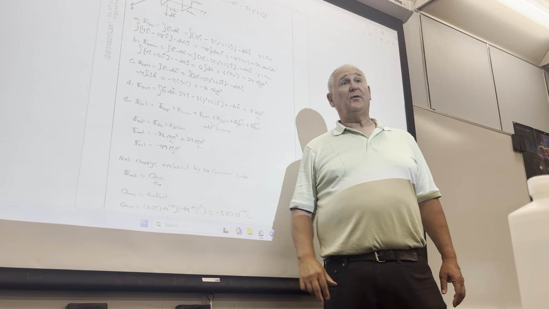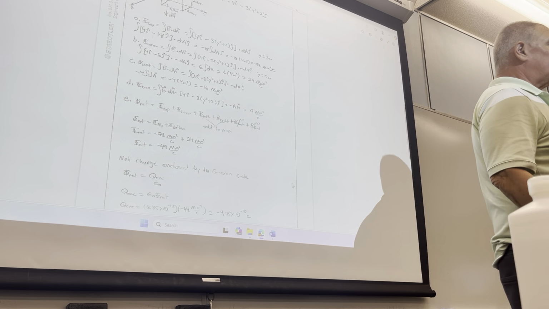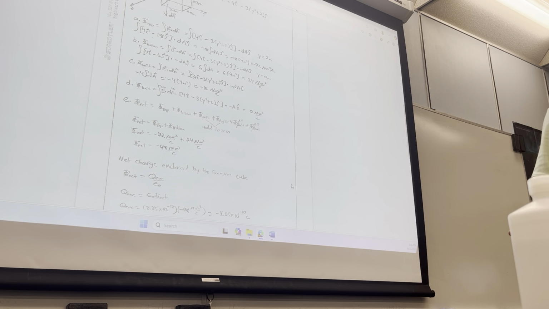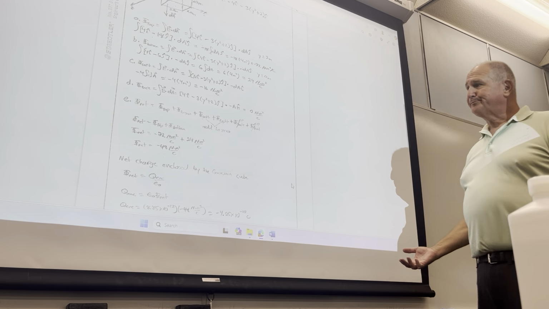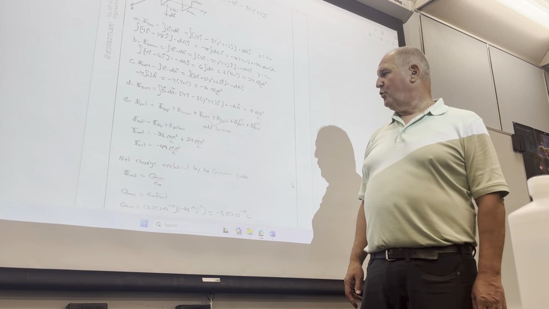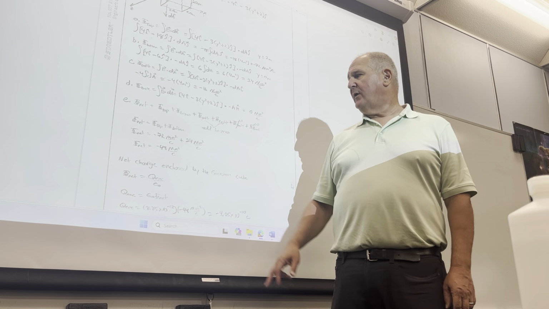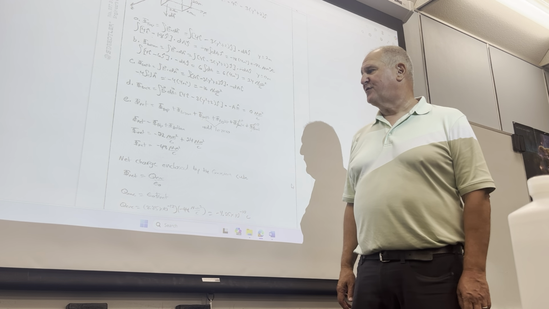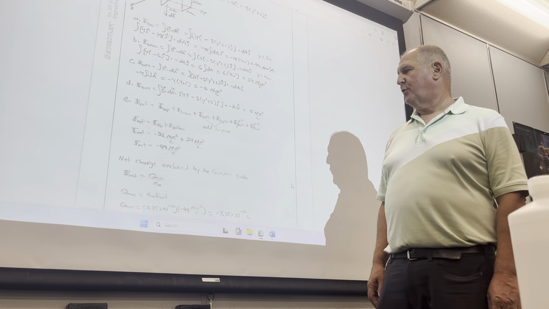So it's really only the top and bottom surfaces that actually have a relevant flux. And so we take our minus 72 Newton meters squared per coulomb plus our 24, and we end up with a net flux of minus 48 Newton meters squared per coulomb.